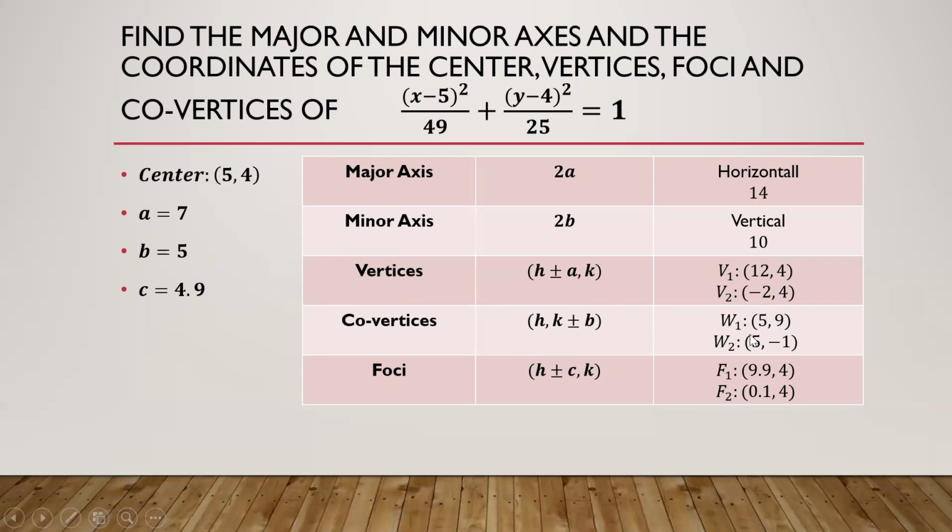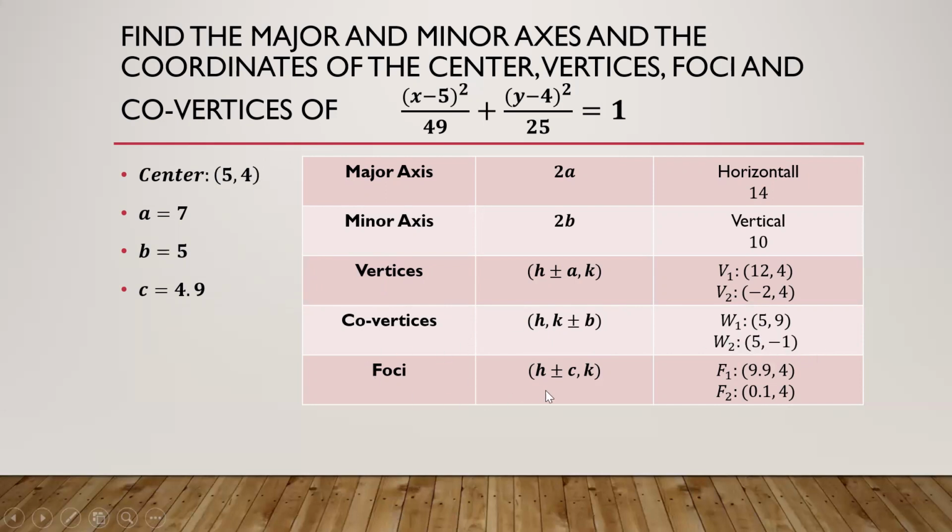So 5 comma 9. Next, h comma k minus b. So again, we copy h, which is 5. And then we do the computation. So k, 4 minus b, which is 5. So 4 minus 5, that's negative 1. So we have our coordinates here, 5 comma negative 1.